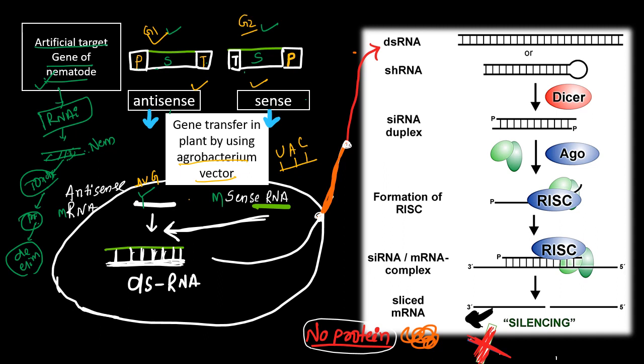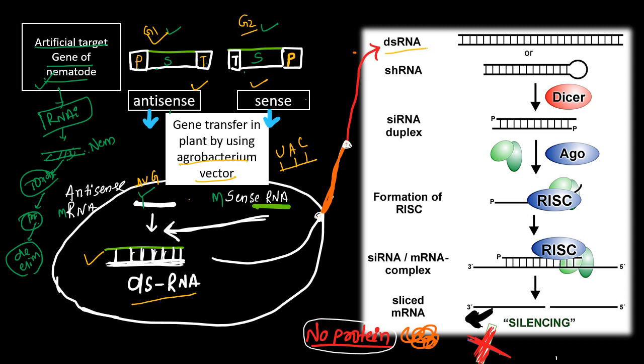Both are complementary. So what is complementarity? In case of A it is U, in case of U it is A, in case of G it is C. So they bind each other. After binding, they form double-stranded RNA.